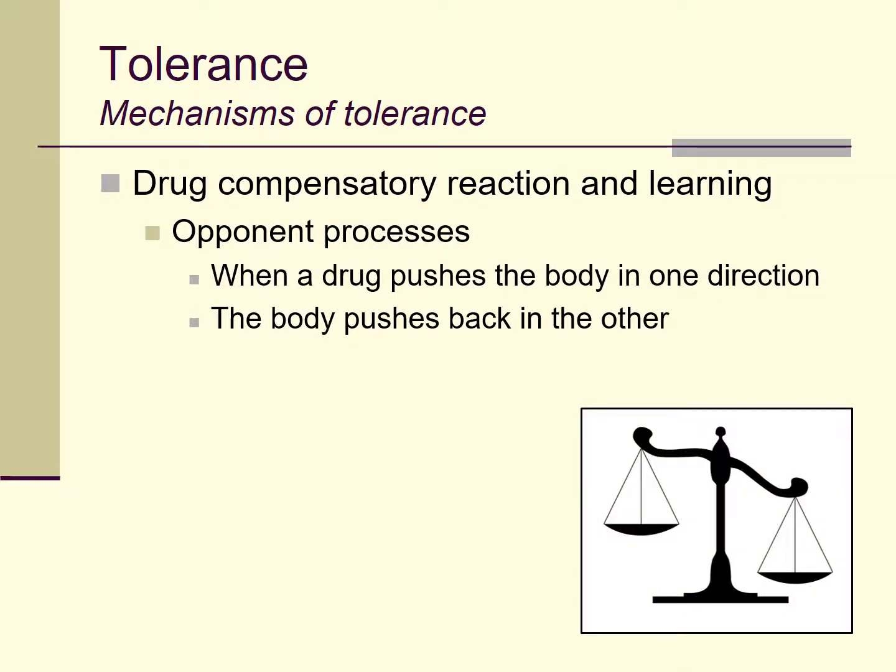I've used this phrase before, I'm just repeating it here. We sometimes call this an opponent process, or a set of opponent processes. The idea being that when drugs push the body in one direction, the body pushes in another direction to kind of offset it.